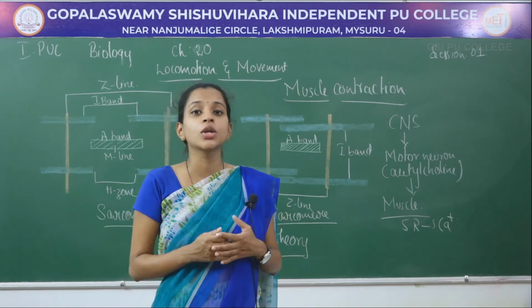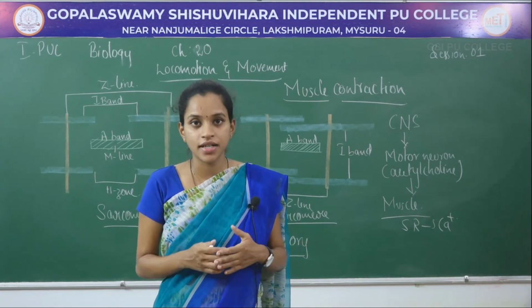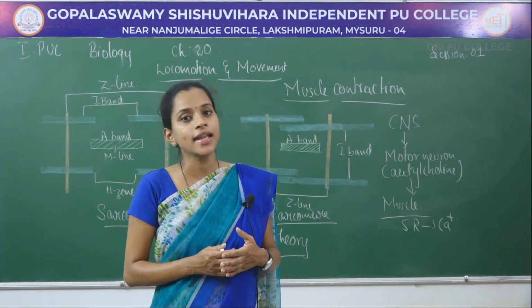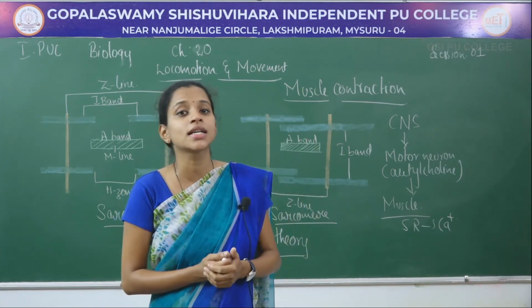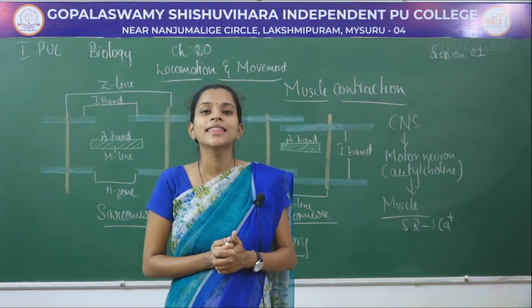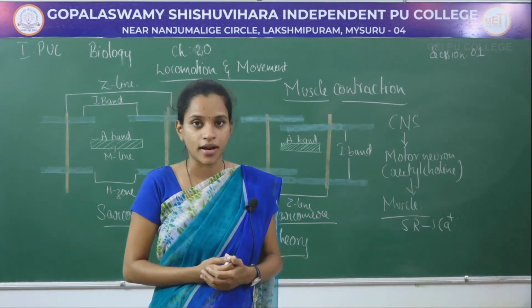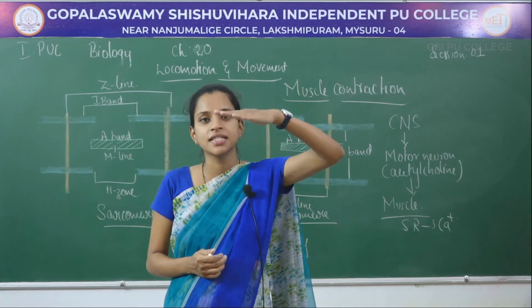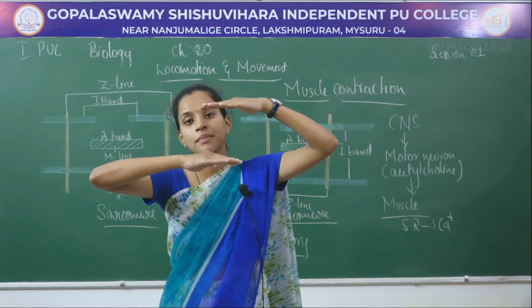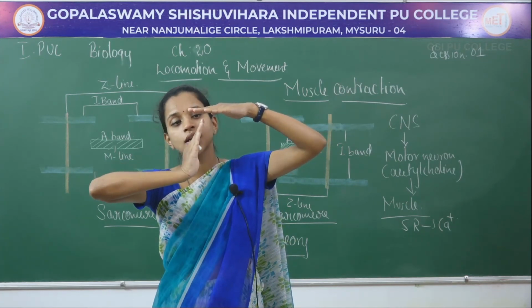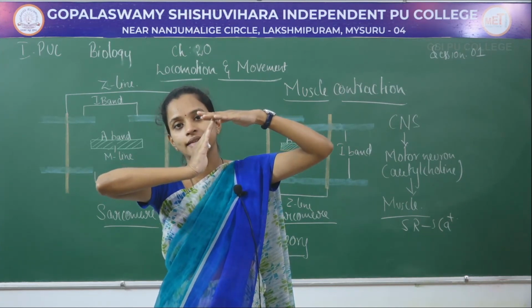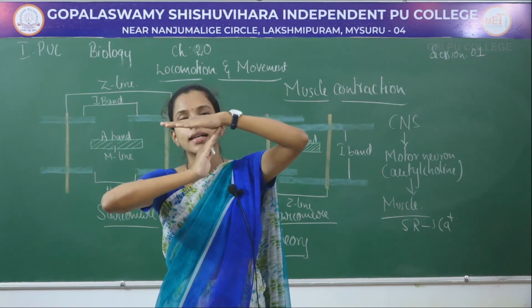It gets converted into ADP plus inorganic phosphate. That means it is an active process where the energy is consumed, and then there will be muscle contraction. If this is the actin site and this is the myosin site, during muscle contraction the cross arm will bind to the actin site and pull it like this.